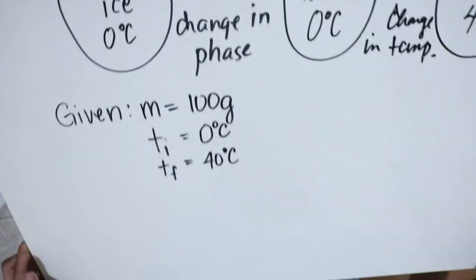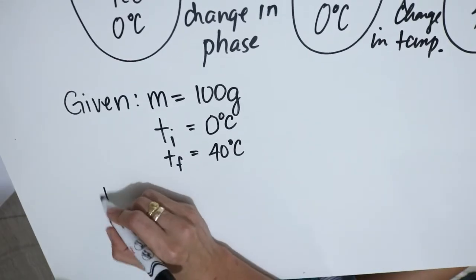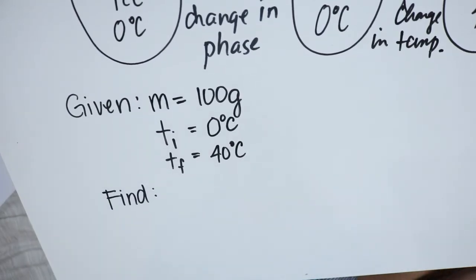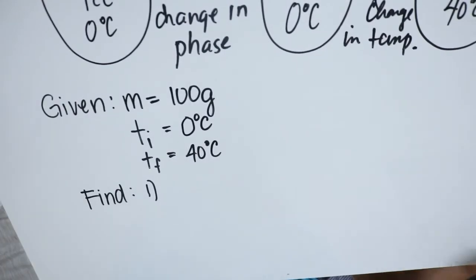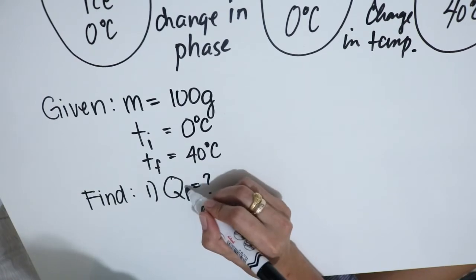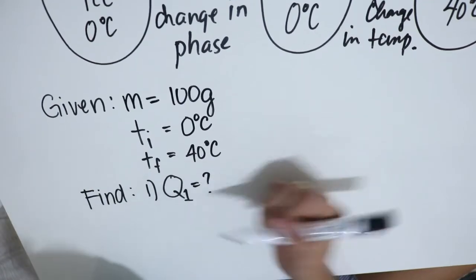So next, the next thing to do is I want you to write the find. What are we going to find? In this problem, we will find number 1. We will find the Q1. Teacher, where did we get the Q1?